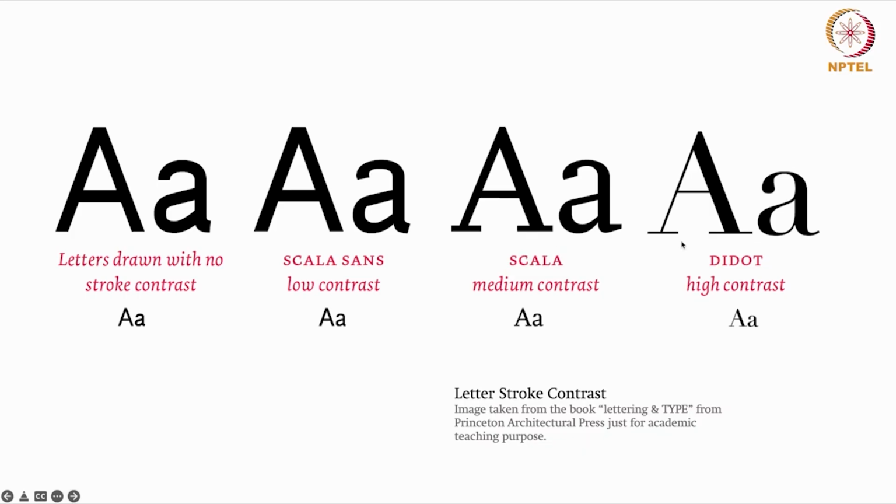And then in the Didone family, you get a very high and dramatic contrast. These things we discussed in type classification as well, if you remember. So this kind of contrast brings a different kind of identity and characteristic features to a font or a font family and to the letter.